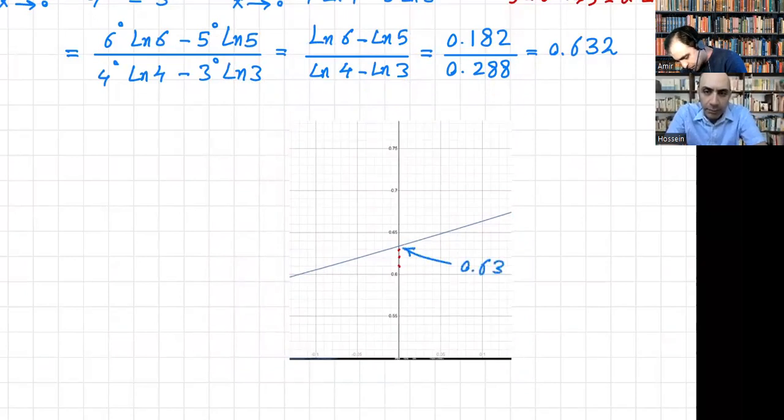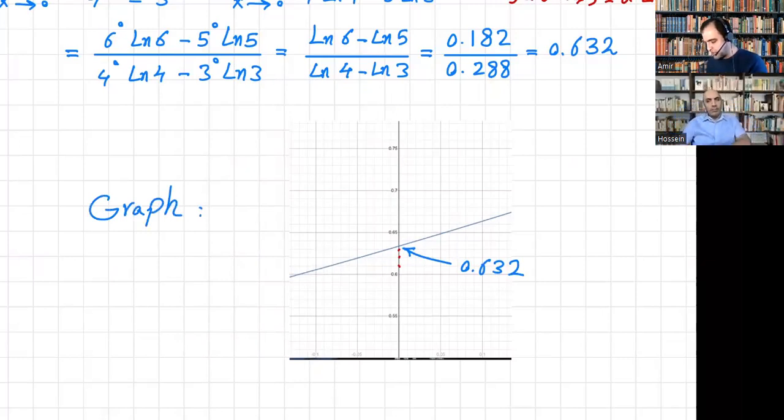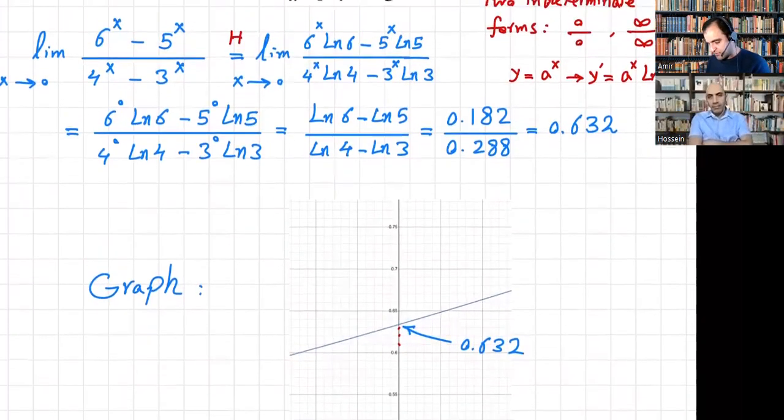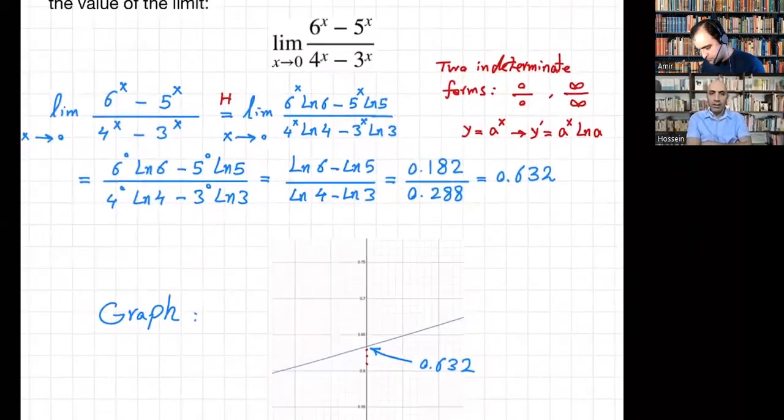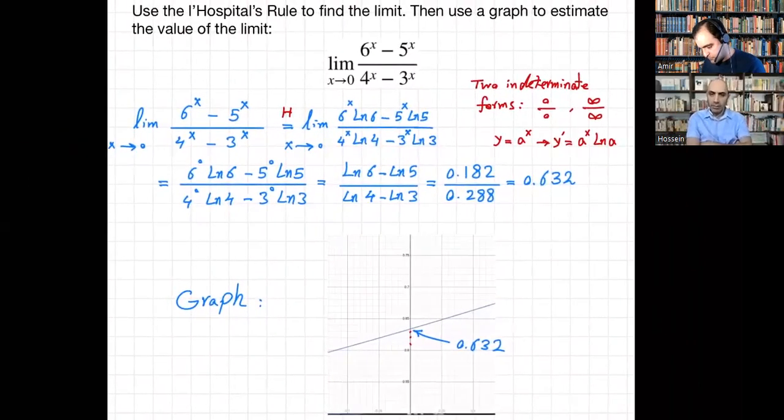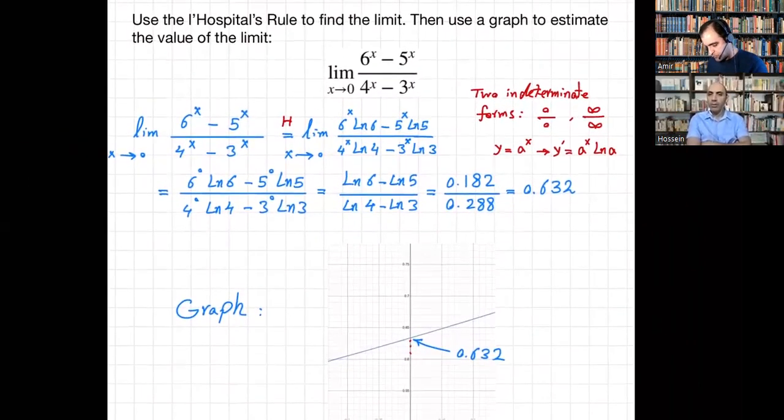So with a very good estimate, we can see that the graph of the function really matches well with the L'Hopital rule answer. On the left side, I see the limit from the left side and the right side, both are the same, both approaching 0.632.